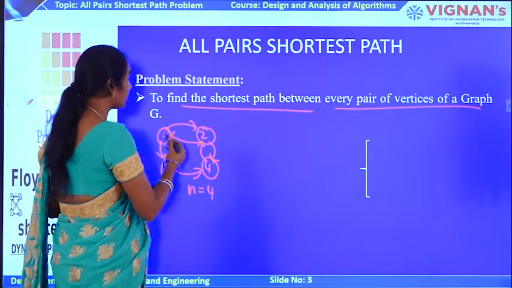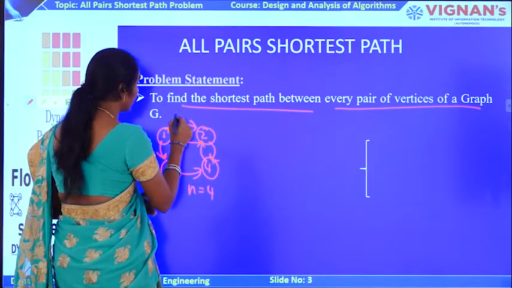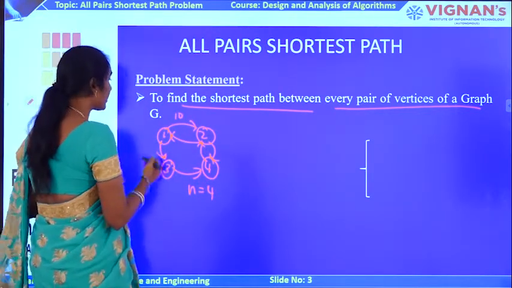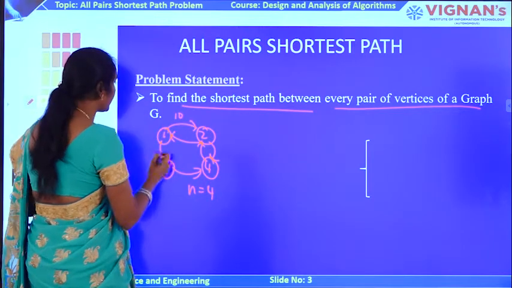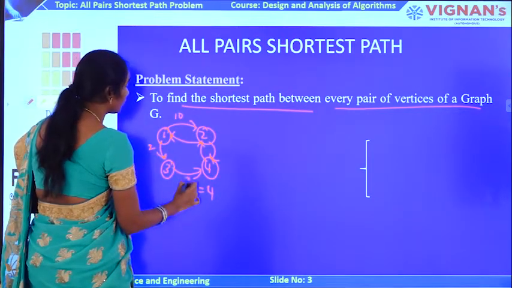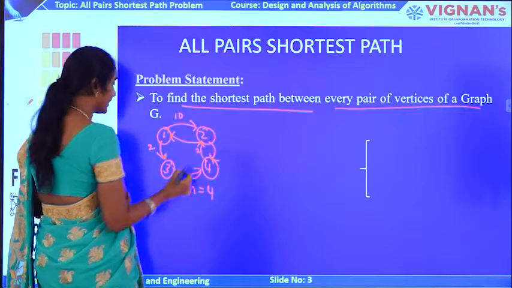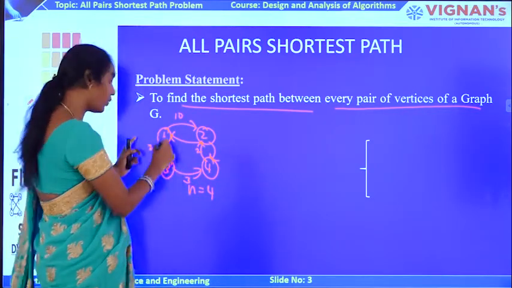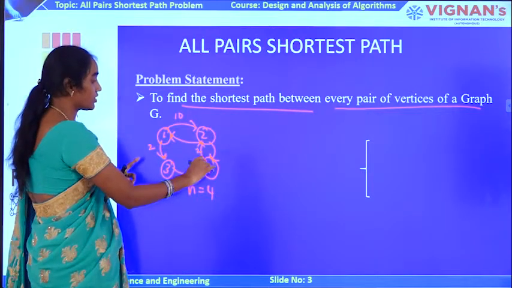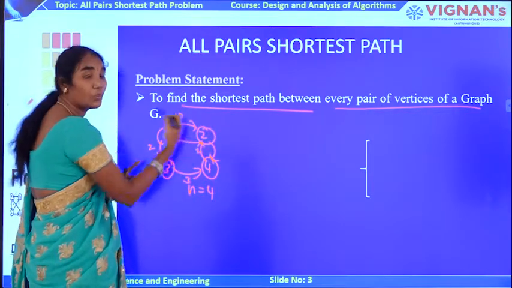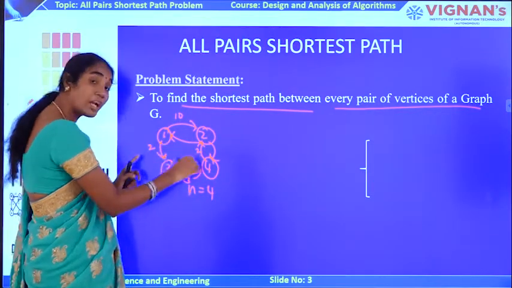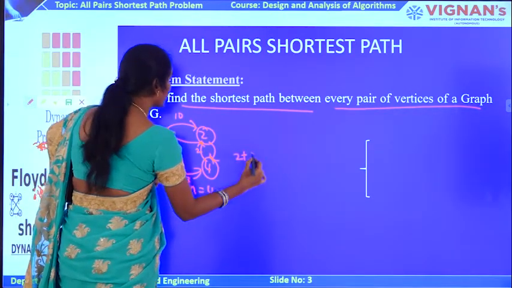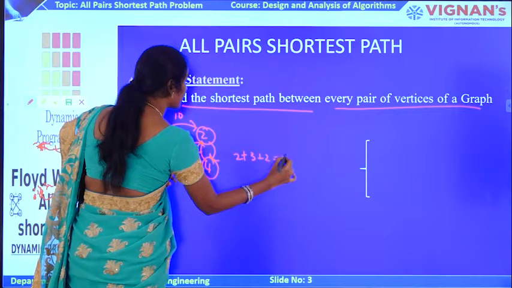For example, here from 1 to 2, if I am going directly along this path, it has a cost of 10. Whereas if I go in this direction, via vertices 3 and 4 to reach 2, the distance is 2 plus 3 plus 2, which is 7.